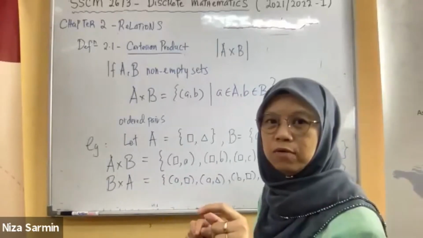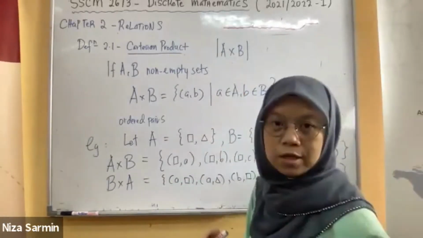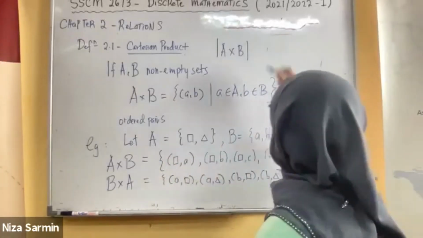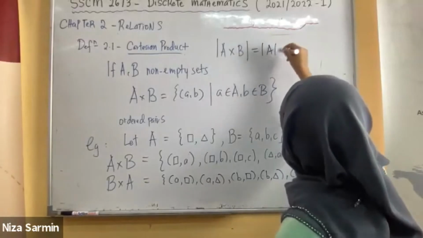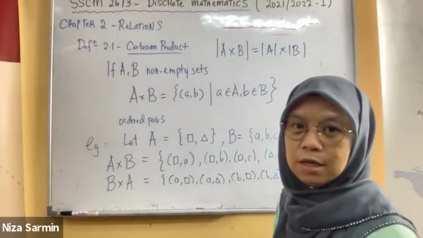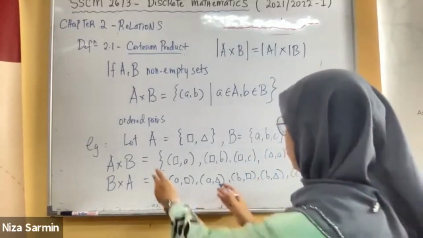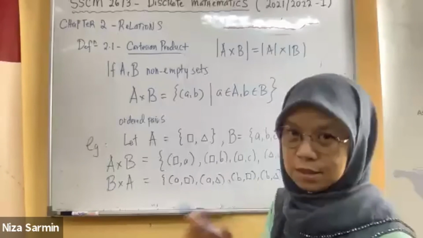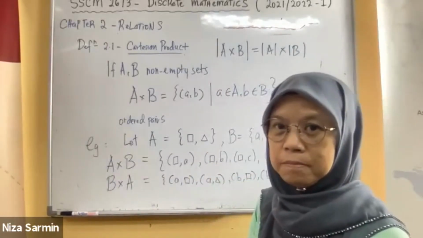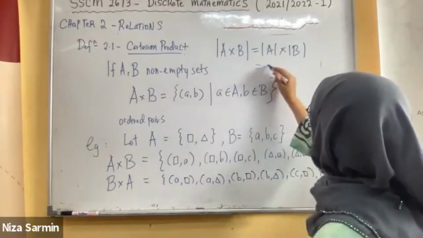So the number of elements in the direct product is the product of the orders. And this is why the order of A cross B is 6, because the order of A is 2 and the order of B is 3 in this case.